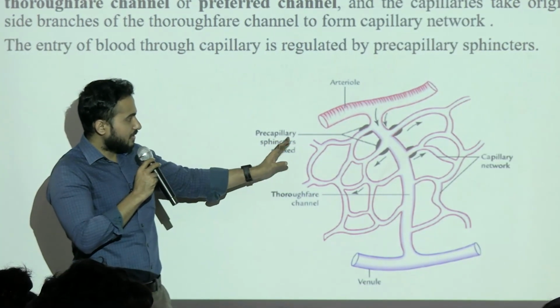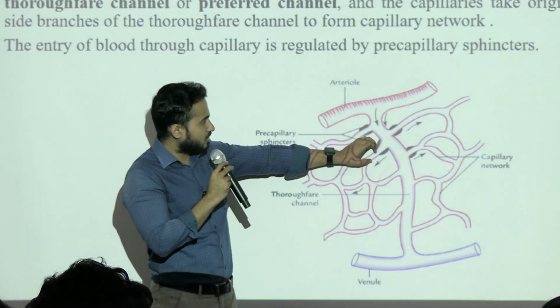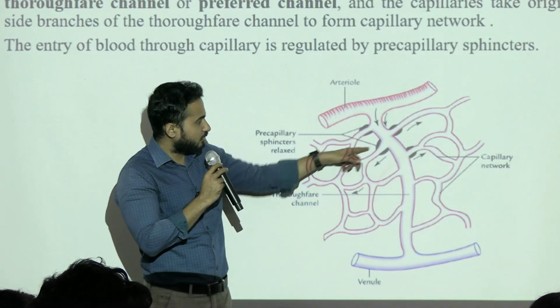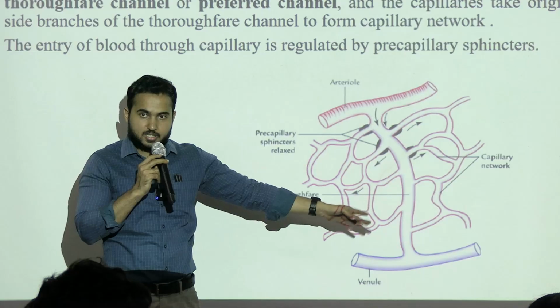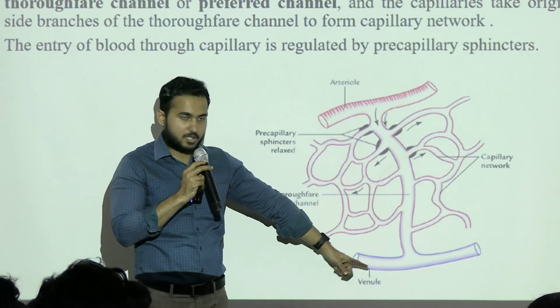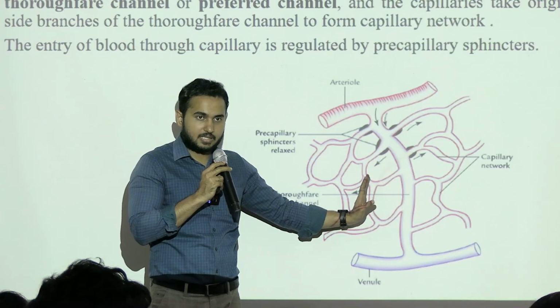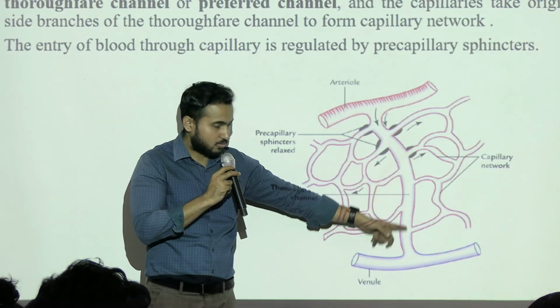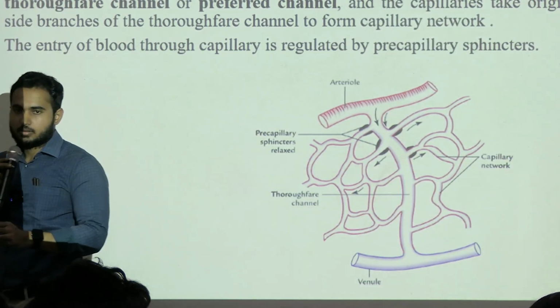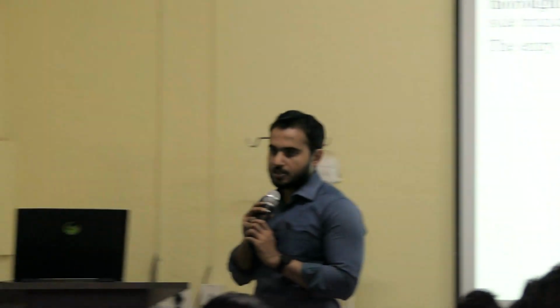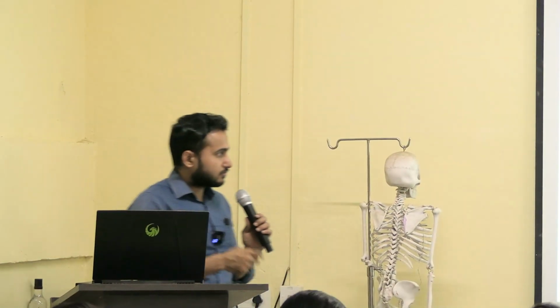When these pre-capillary sphincters are closed, blood will not be able to flow through the capillary network. Instead, it will bypass the capillary network and go to the venule. When it bypasses the capillary network and goes to the venule, it goes through the thoroughfare channel. That is the importance of the thoroughfare channel.